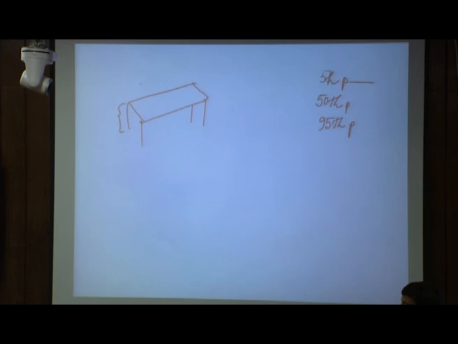The 5th percentile student is sitting comfortably, his leg is exactly matching with the height of the bench, because his popliteal height is matching with the bench height. It is designed as per his popliteal height. So the 5th percentile student is comfortable. But what about the 50th percentile?